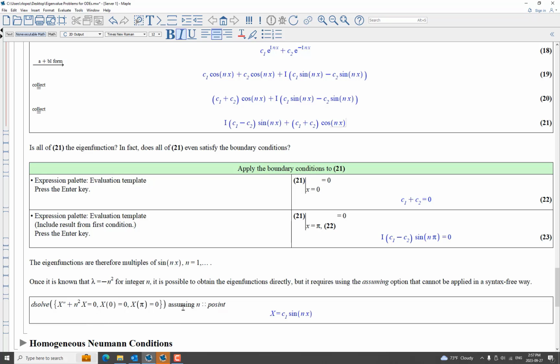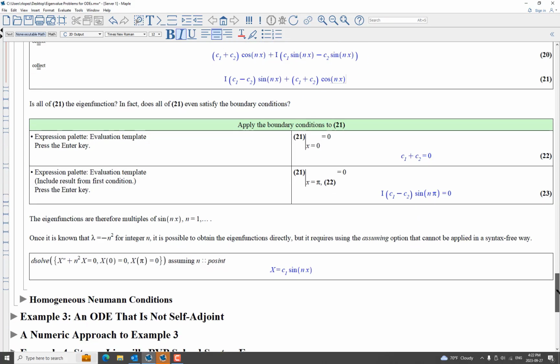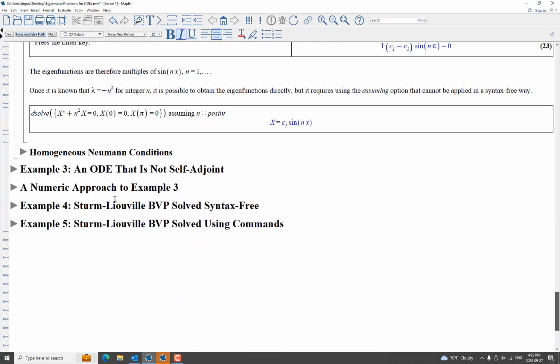You can't do this in a syntax-free manner, so I typed out the dsolve command and applied this assumption, and you can see that you get a multiple of sine nx. So now let's try some of these same processes.